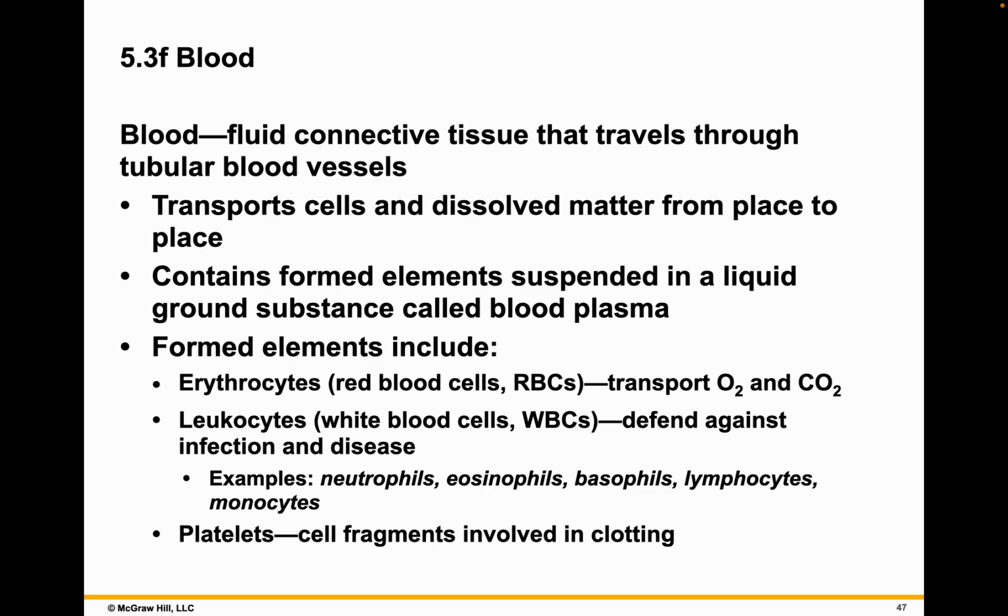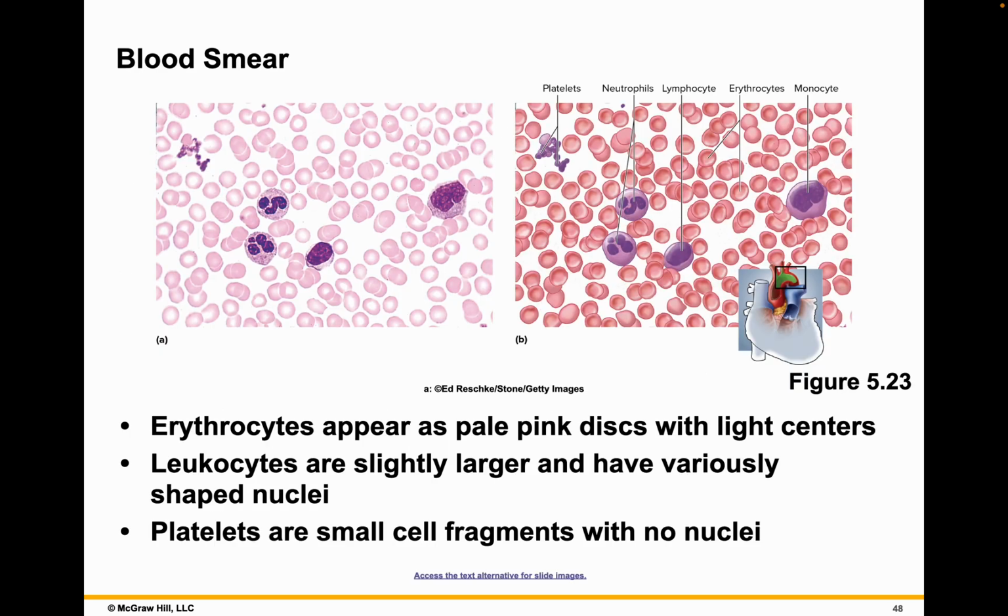The formed elements include erythrocytes, which transport oxygen, leukocytes, which defend against infectious diseases, and platelets, which are fragments involved in the process of clotting. They are called formed elements because they are cells or portions of cells. The erythrocytes and platelets are not true cells.